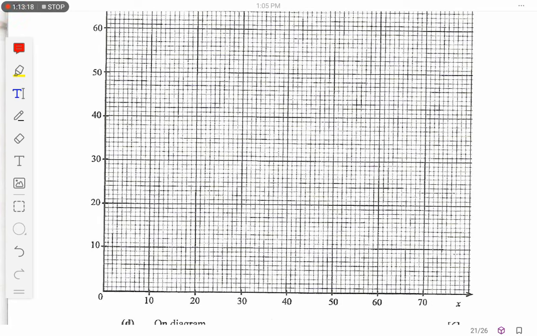So you find out if my x is 0, my y is 0, and if my x is 10, my y is also going to be 10. So the first one is going to be a straight line going like that. It's not really looking good. Going to be like this, going like that.